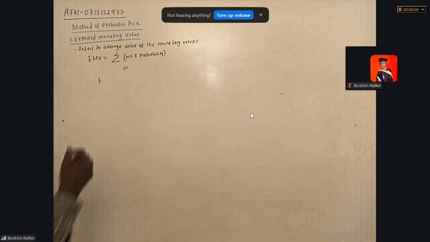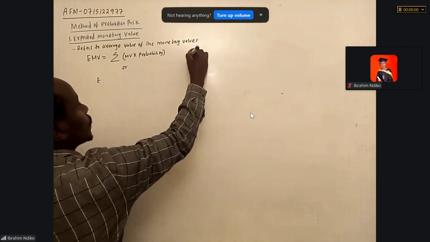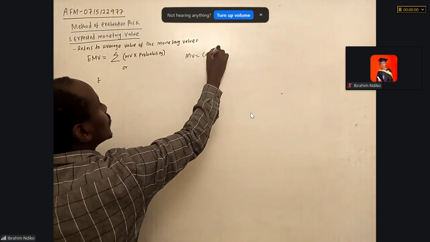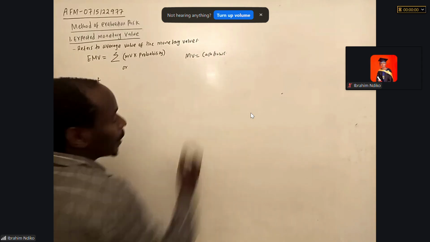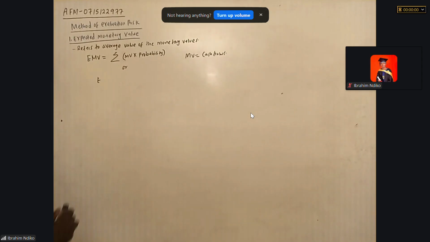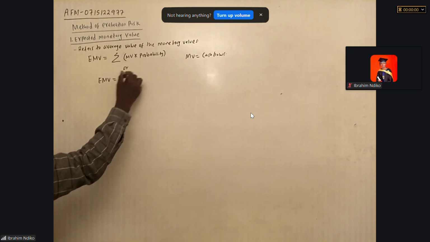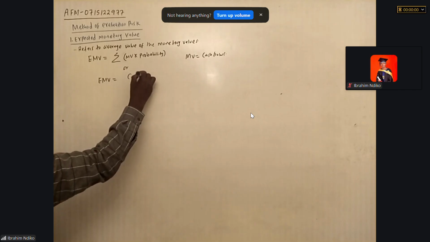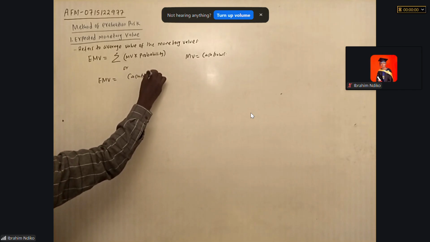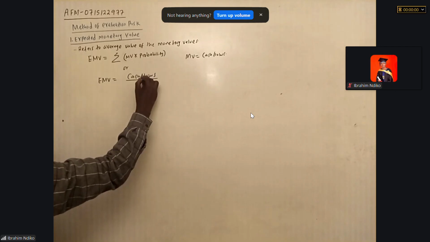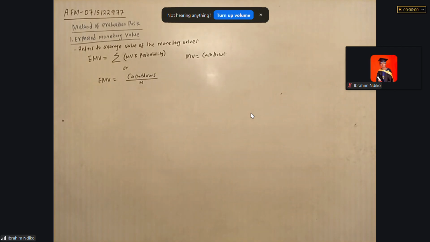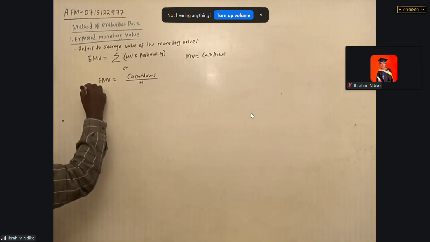The monetary values are our cash flows, but in form of monetary value. Another method is you take the cash flows or the monetary value and divide by n, the number of periods. And then you can say the higher the EMV, the better the project.